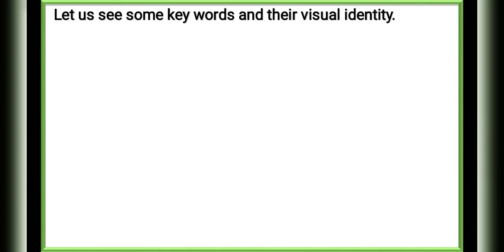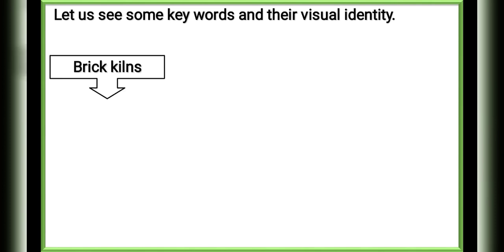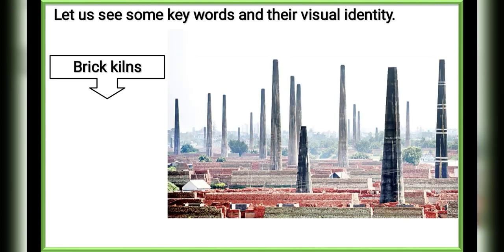The first word, brick nails. We have already seen a picture, but brick nails often confuse us because they are not quite found in our neighboring places. This is the picture of brick nails.